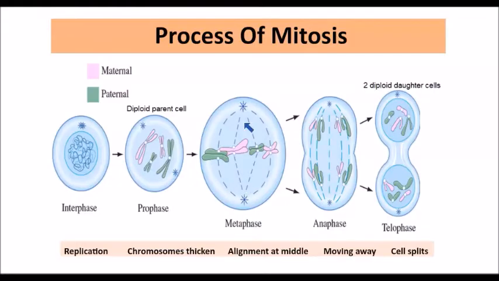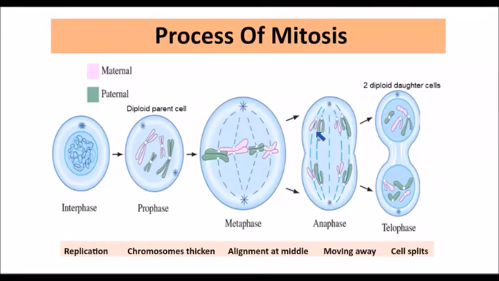At the next phase, anaphase, you can clearly see now that the chromosomes which were once held intact by the centromere have now split. Each of them has split, and we have half going up, half going down.